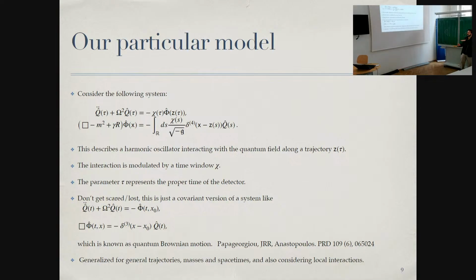Let's look first at this one, right? Here I have the harmonic oscillator sourced by the field at a point. The inversion of the field equals the value of the detector is sourcing it, and of course it only happens at the point where the detector is. So this describes a detector that is always switched on and inertial at some position in space, x0.